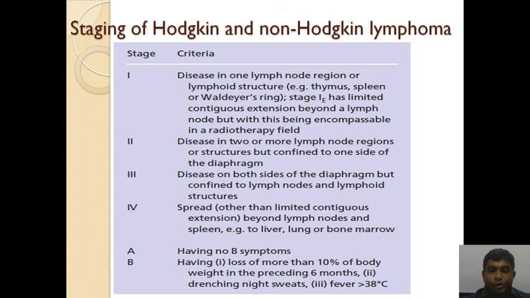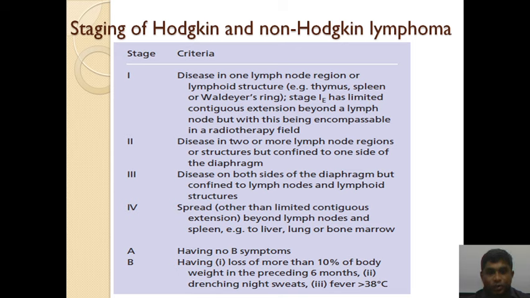Before going on to the specific subtypes, we'll see how we stage and grade these lymphomas. Staging and grading are two slightly different things. Stage is one in which you look at how far and how wide the disease has spread.